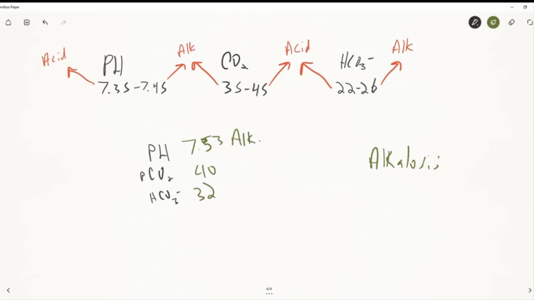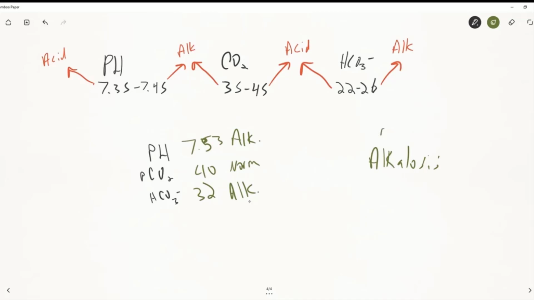Then we look at the other two. PCO2 40 is normal, and bicarb 32 is alkaline. So what does that tell us? The PCO2 is normal, the bicarb is alkaline. Alkaline matches with pH.